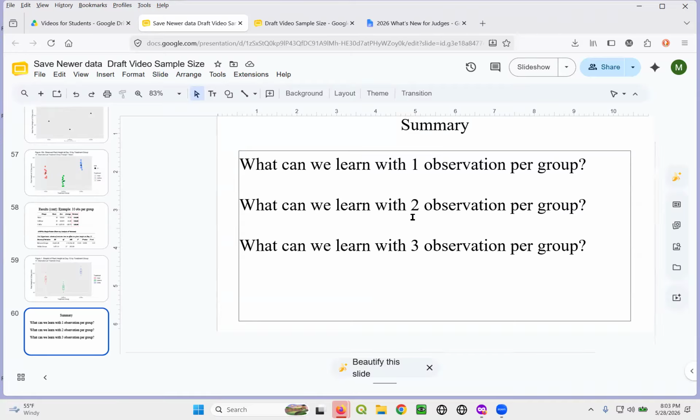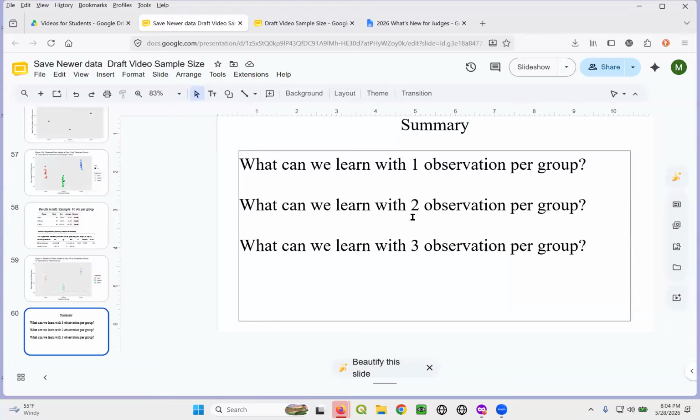We don't know that our observations are representative. What can we learn with one observation? We have a very poor estimate of the mean. What can we learn with two? We have a slightly less bad estimate of the mean and a very poor estimate of variability, meaning that there's no guarantee that the 2 observations we have are representative.